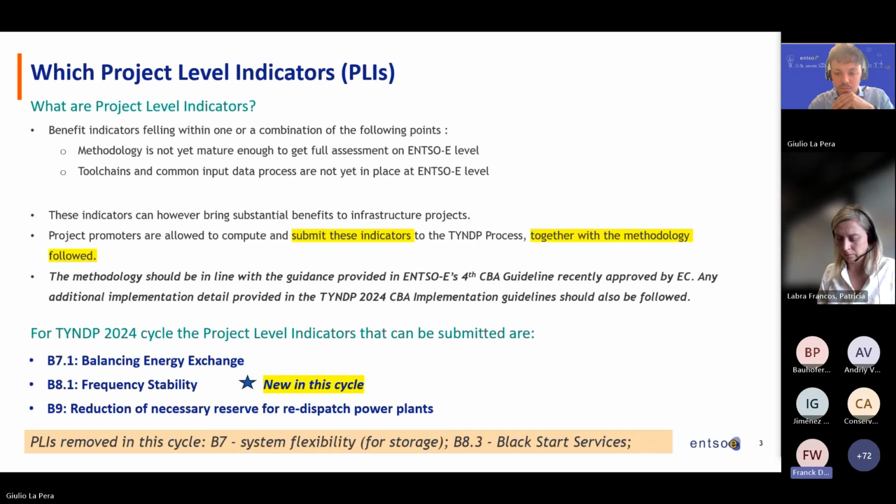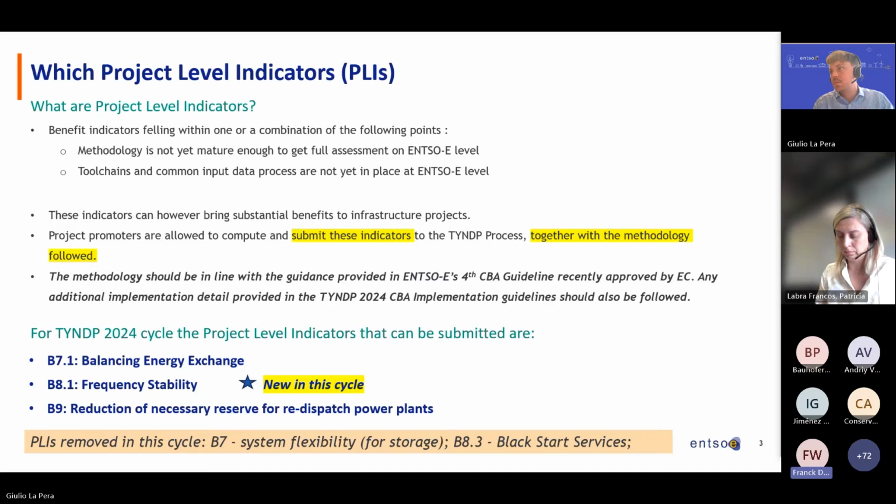Or on the other side, maybe the tool chains or common input data and processes are not yet well in place at ENTSO-E level for performing these assessments. Therefore, we leave this opportunity for the project promoters to do these assessments and of course submit them for analysis.